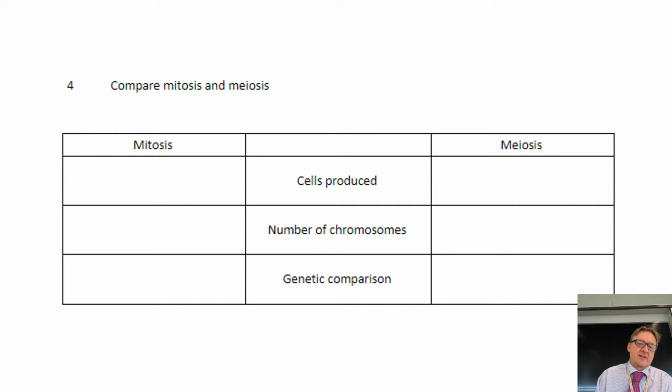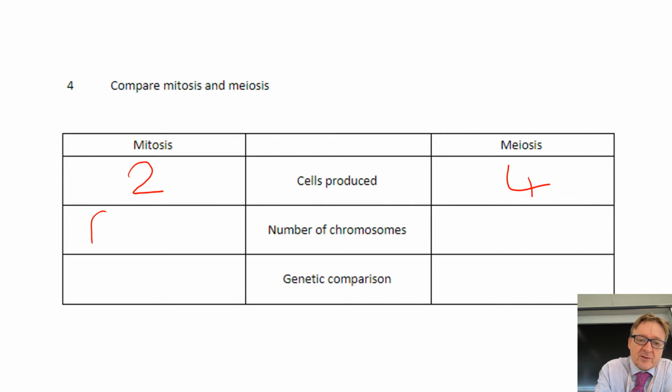Question number 4, this is then mitosis and meiosis. These are 2 words that, if you get them in an exam, you must spell correctly. Mitosis produces 2 cells. Meiosis produces 4 cells at the end of the process.